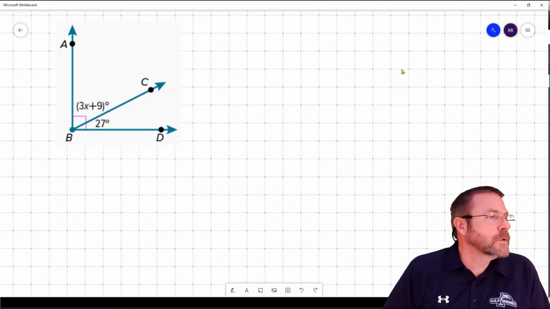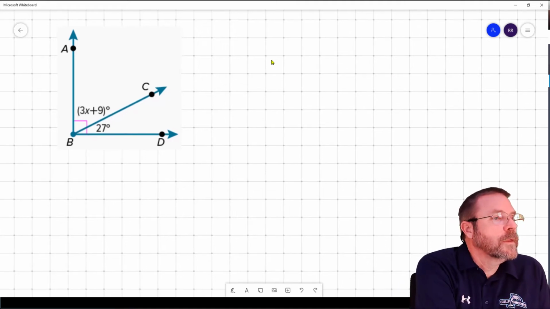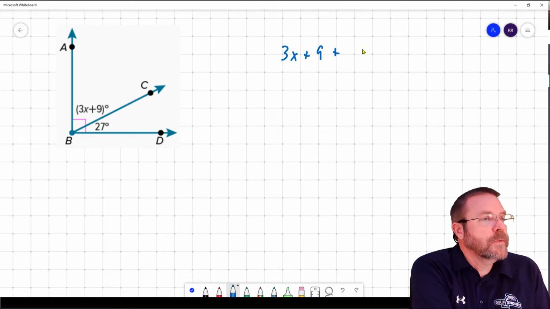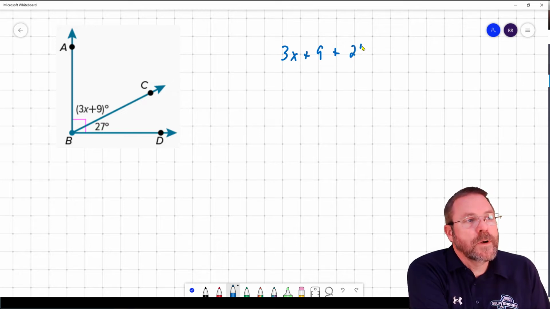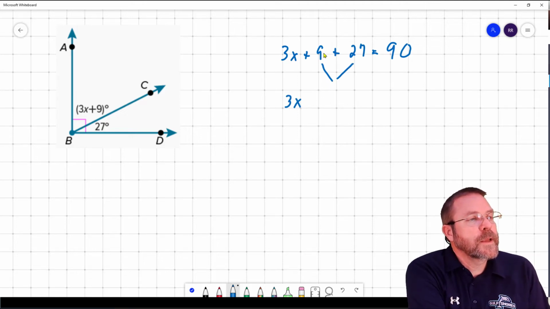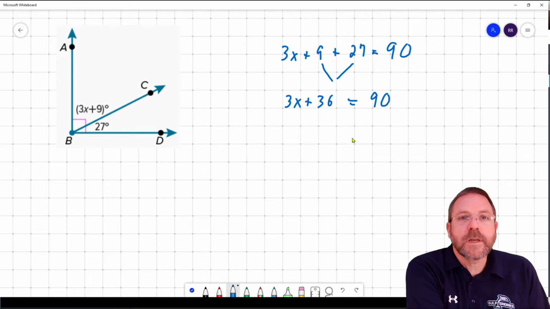My equation is going to start off with the first angle, which gives me 3x plus 9. Add to that the second angle, which is 27, and all that combined is going to equal 90. I'm going to simplify, combining my like terms, which leaves me 3x, 9 plus 27. That's going to equal 36, and that, of course, all equals 90.